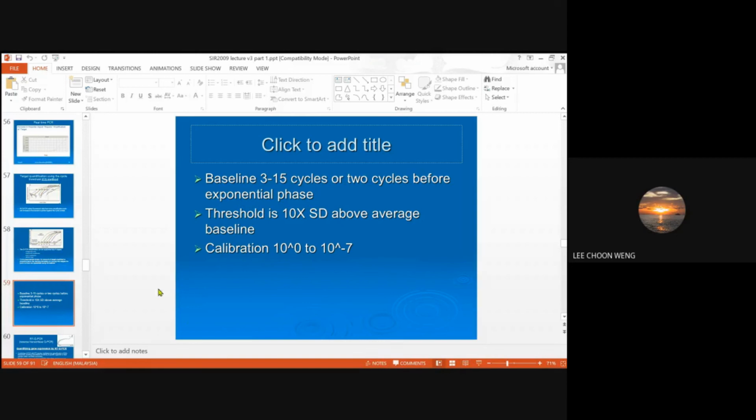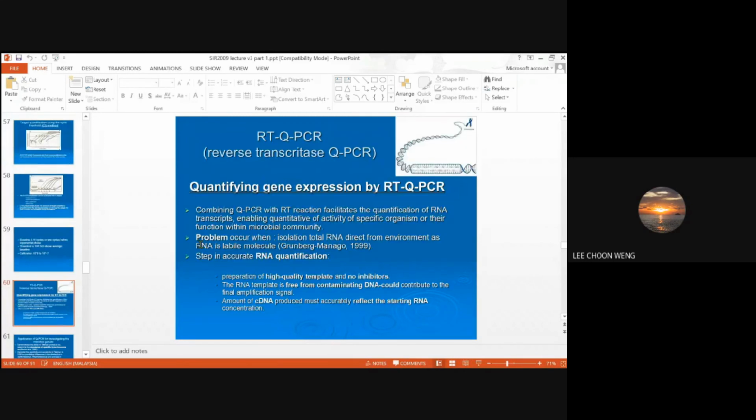So that's how powerful qPCR is now. It is more and more important because most of the determination of infectious diseases, for example even COVID-19, uses the RT-PCR approach.